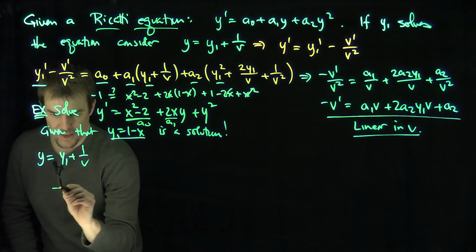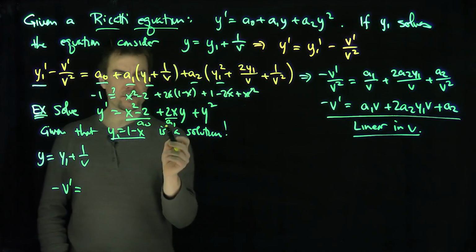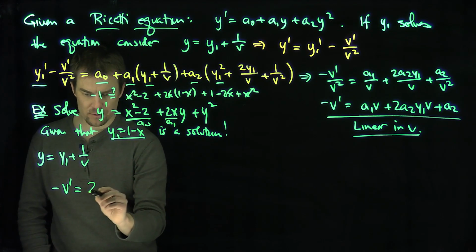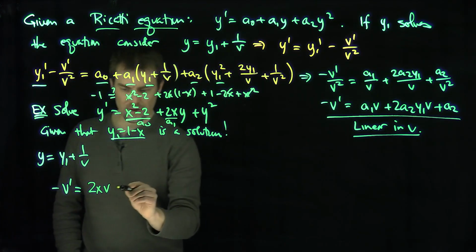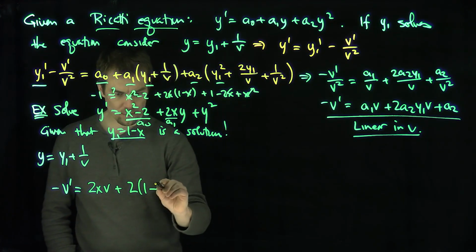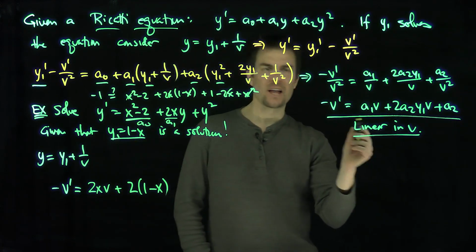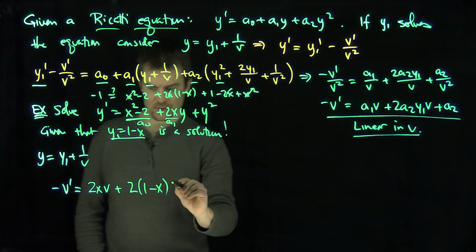So our equation for v will be negative v prime is going to be equal to what? a1 we found is 2x, so I'm going to have 2x times v. Then I'm going to have plus 2 times y1, which is 1 minus x, times a2, which is 1, and that's going to be times v as well.